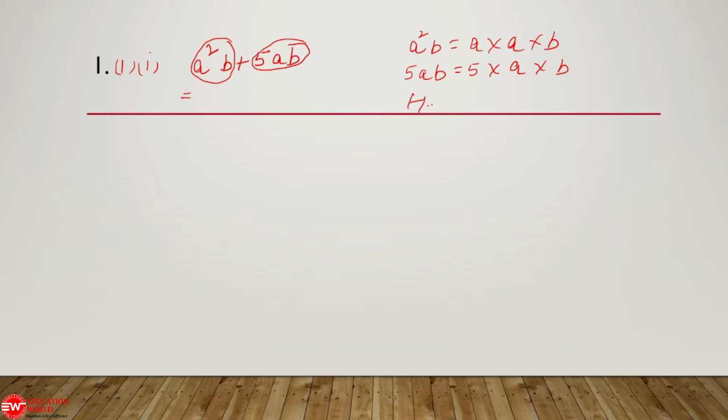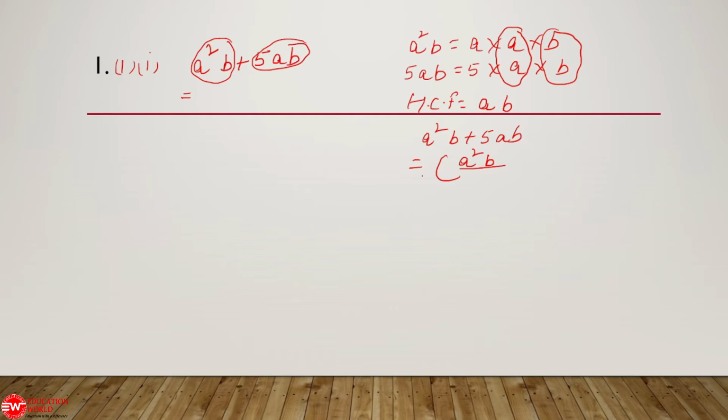Now HCF. You are already aware that HCF is the highest common factor. So whatever is common, only that I will write. This a is common and this b is common. It means a and b both are common. So now what will I do? I will write this one: a square b plus 5ab. Whatever our HCF is, we will divide with that one.